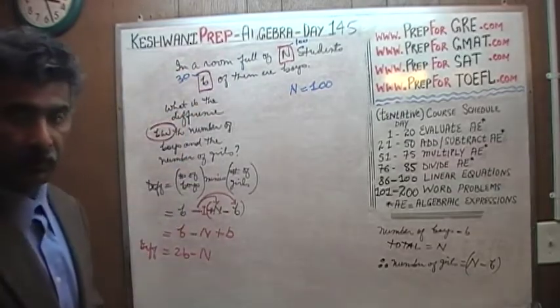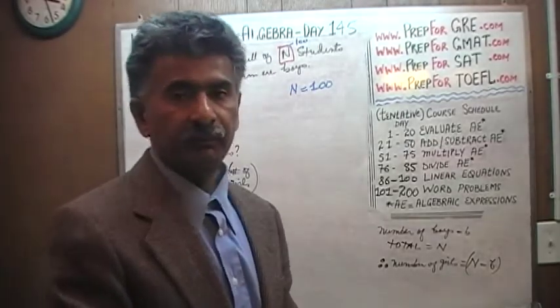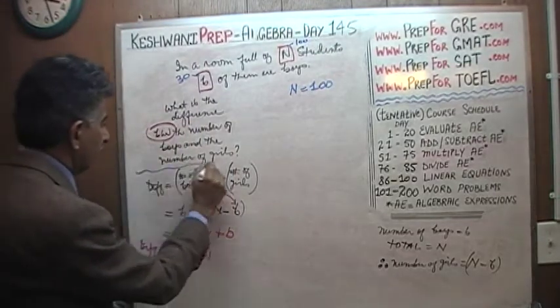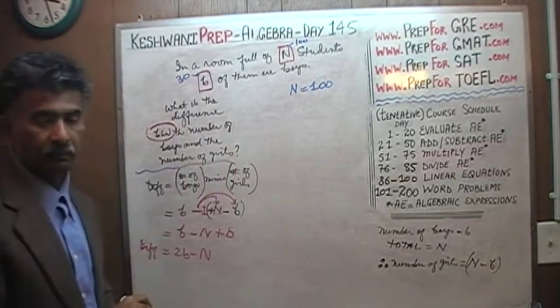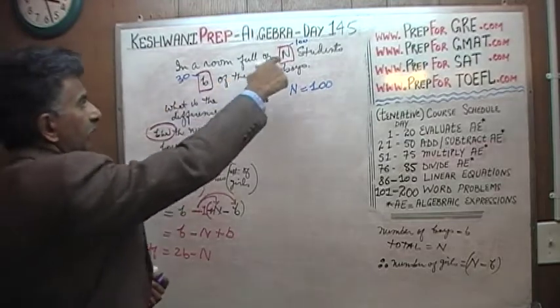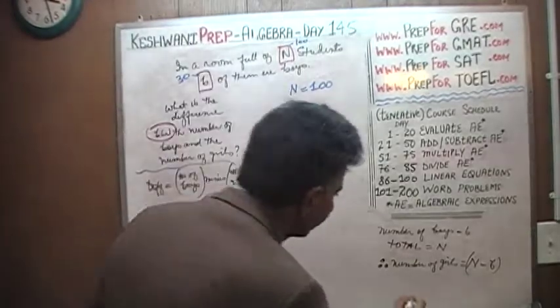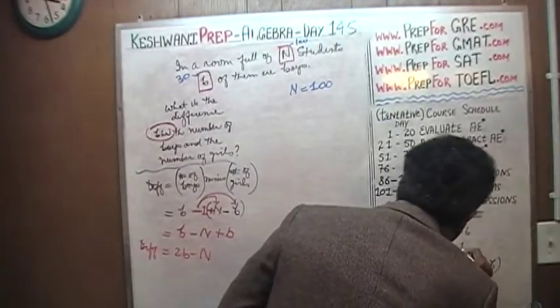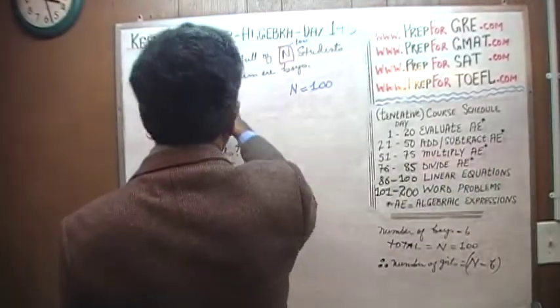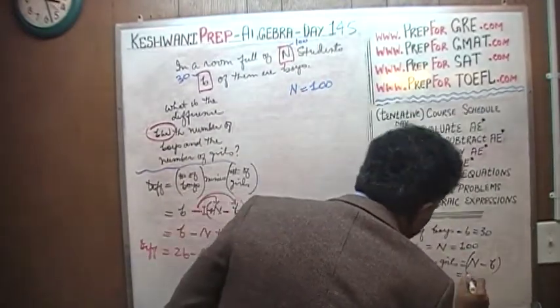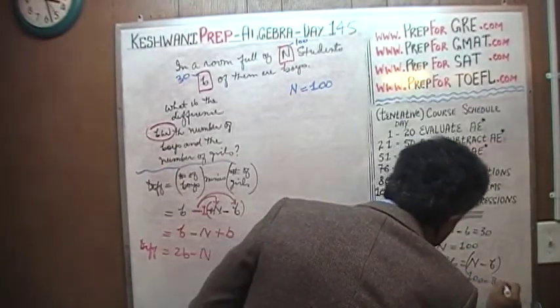If there are 30 boys and 100 students altogether, there must be 70 girls. The total number is 100, and the number of boys is 30, so the number of girls is going to be 100 minus 30.